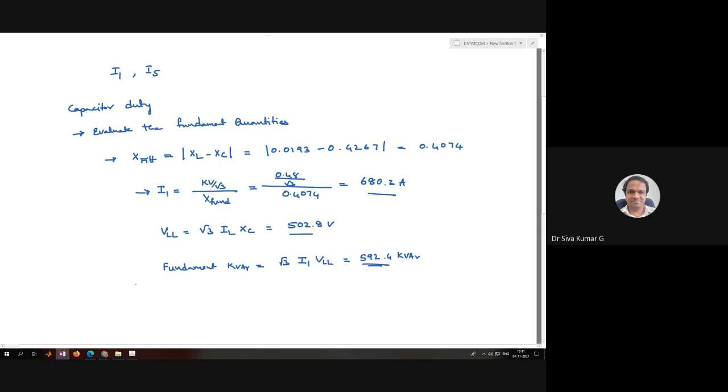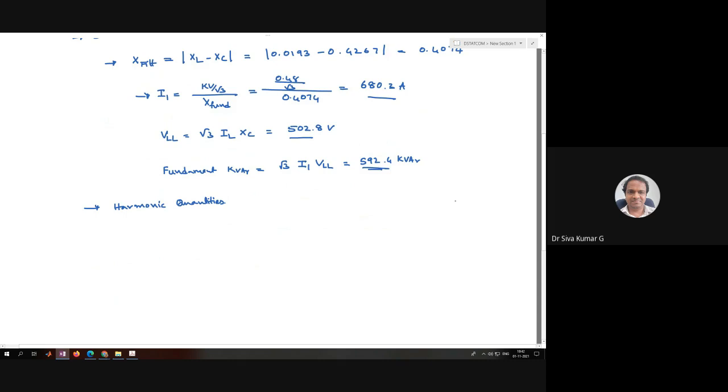Next, we have found the fundamental quantities. We try to evaluate the harmonic quantities also, especially the fifth harmonic currents and then the voltage in the passive filter.